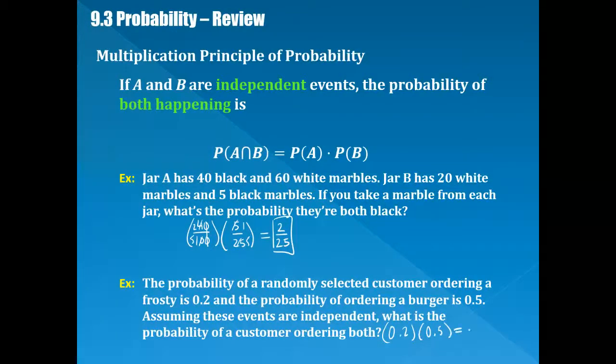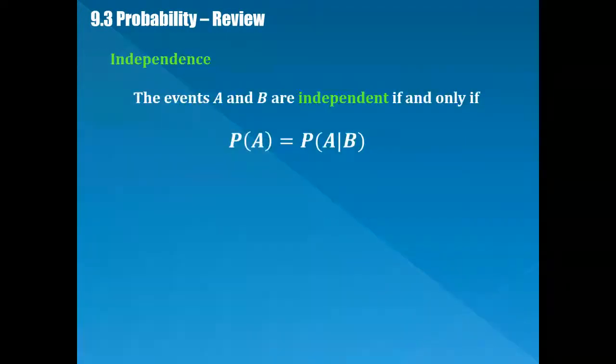This is assuming that they're independent, right? So 0.2 times 0.5, or 2/10 times 5/10, is 0.1, right? So those were assuming it was independent.